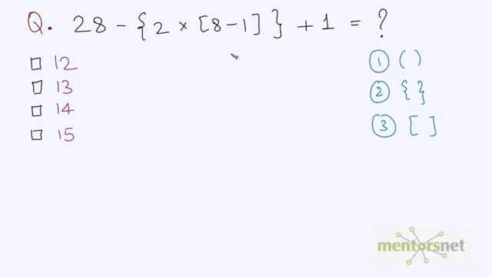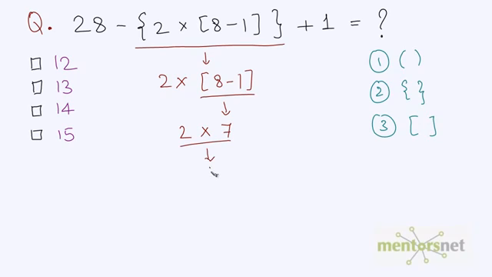In the expression you have curly braces, but inside that you have another expression. So you have to solve that expression. So let's write that, 2 times 8 minus 1. Now in this expression you have square brackets, so you have to solve that first. So this comes out as 8 minus 1 is 7, times 2, and this is 14.